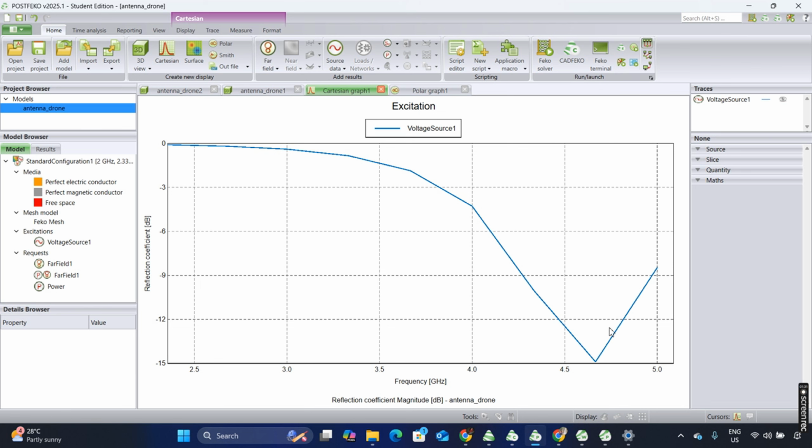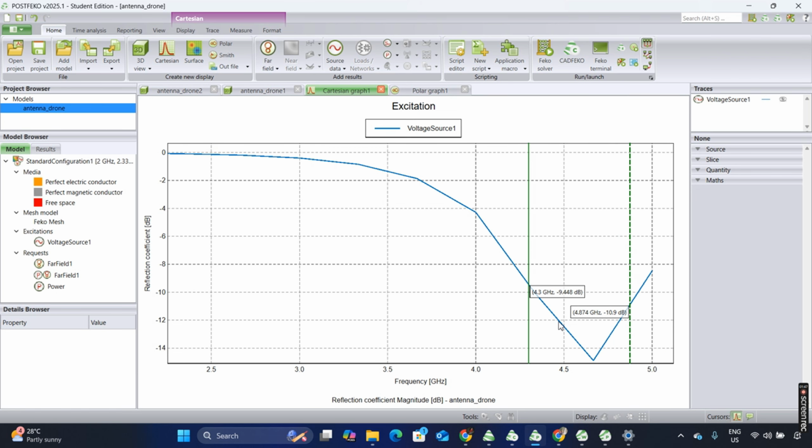Talking about its graph, you can see that the reflection coefficient versus frequency graph is shown. Here you can see that my frequency range lies below minus 10 dB of reflection coefficient, which is quite good, as you know that minus 10 dB return loss means that the reflected power is 10 times smaller than the incident power.